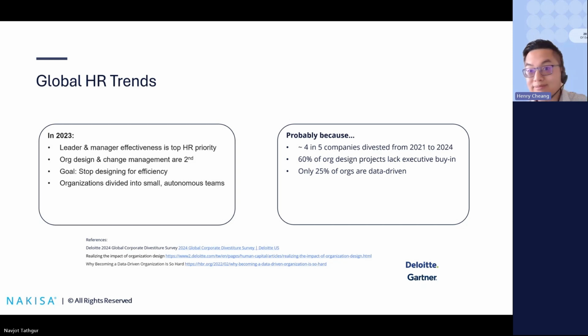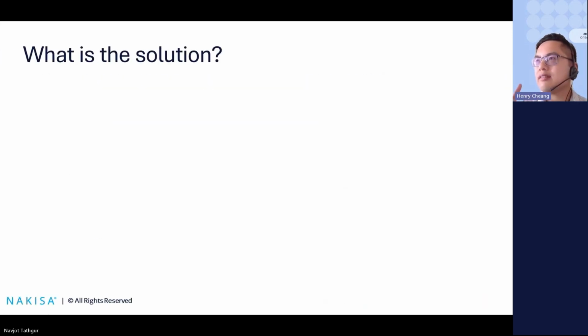People are busy, and that might be one reason why this is happening. But another possibility is that, as of this moment, only about a quarter of all organizations are legitimately data-driven. So there are gaps in data that make it hard to do the job of workforce planning. So this is the current snapshot of where we are.